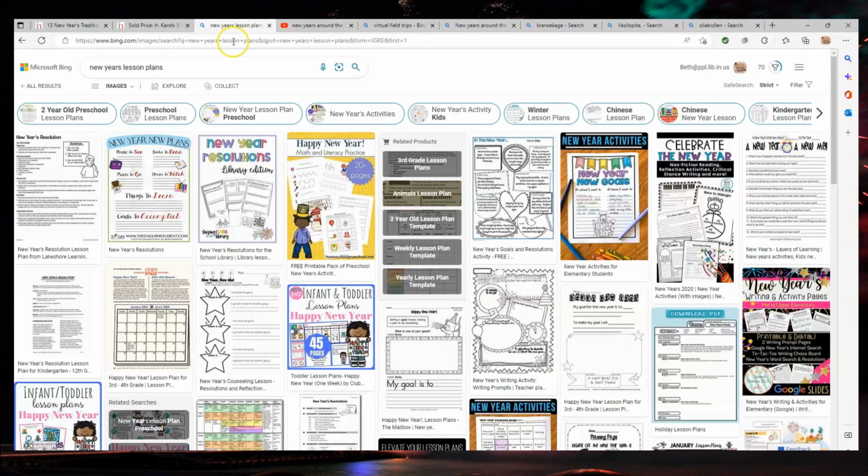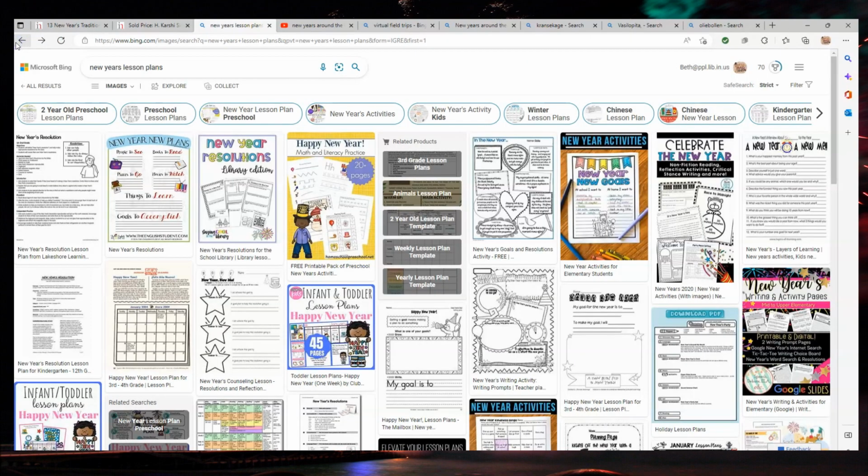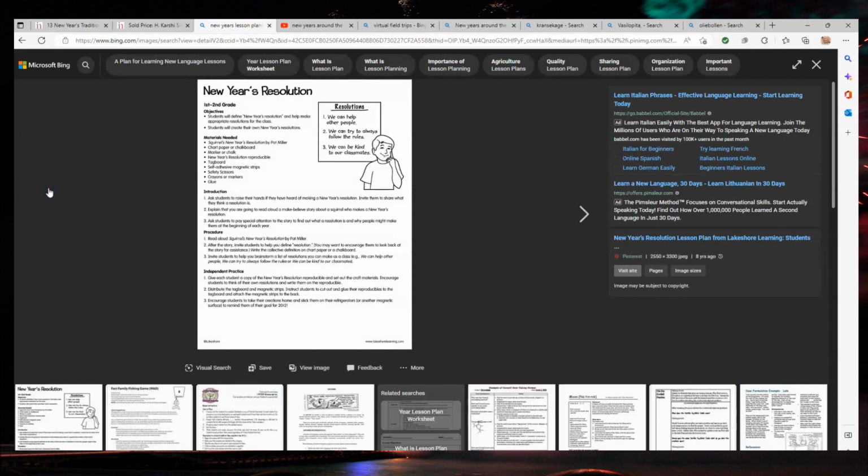All right, so I also went to my search engine and typed in New Year's lesson plans. In here, you can go into a little bit more customization for yourself and see what kind of New Year plans you can create.